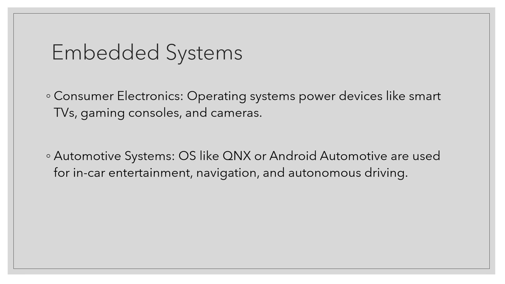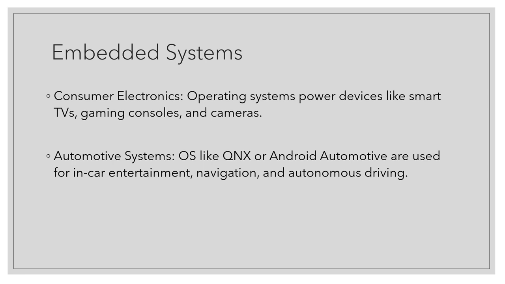Embedded systems also use OSs because consumer electronics like mobile phones, TVs, and washing machines, these types of operating systems power devices like smart TVs, gaming consoles, and cameras. These are the main uses of embedded systems.